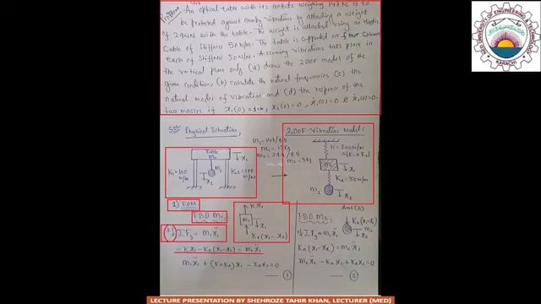Hence, minus kx1 minus Ka into x1 minus x2 is equal to m1 x1 double dot, or after simplification the above equation becomes m1 x1 double dot plus k plus Ka into x1 minus Ka into x2 is equal to 0. We may call this equation 1.